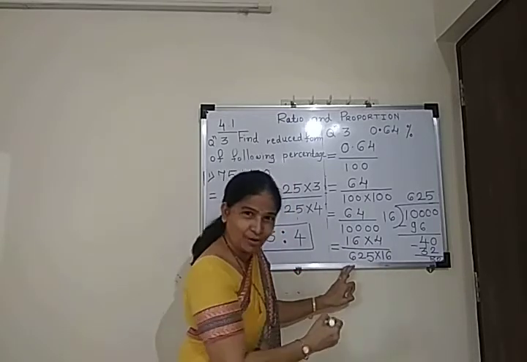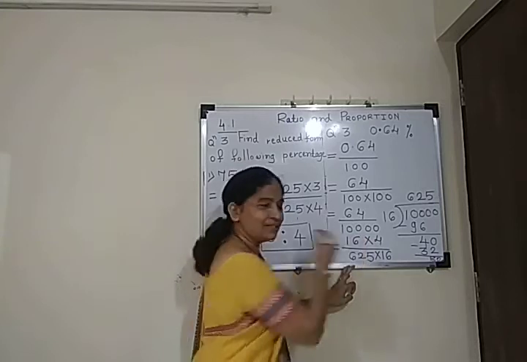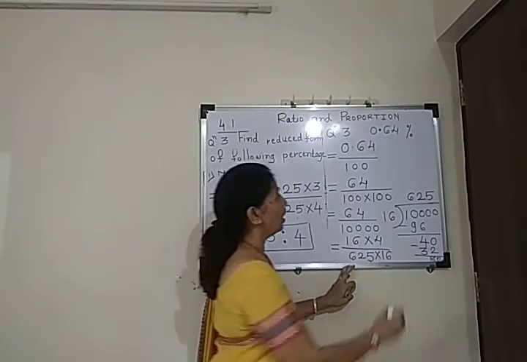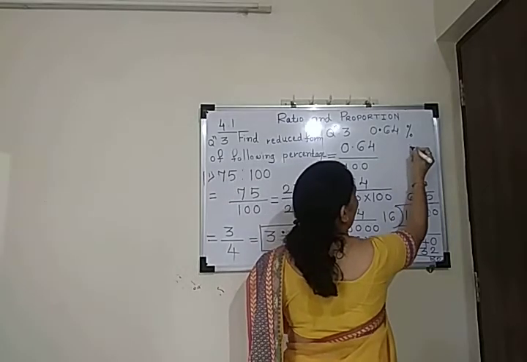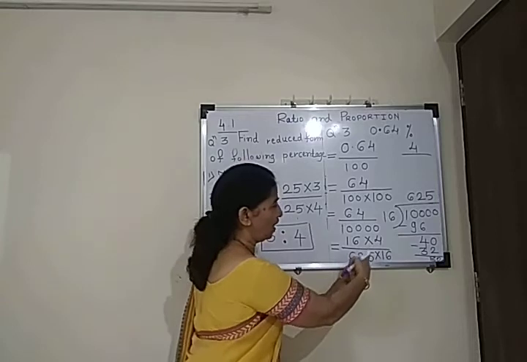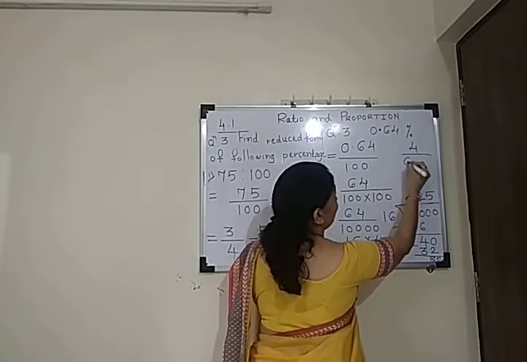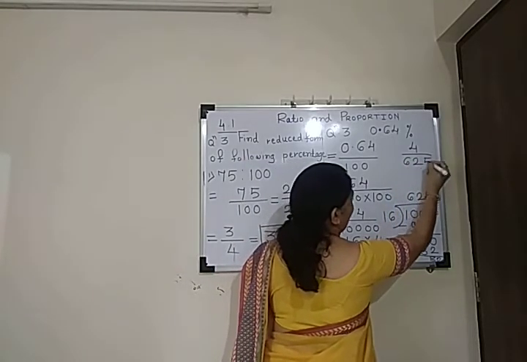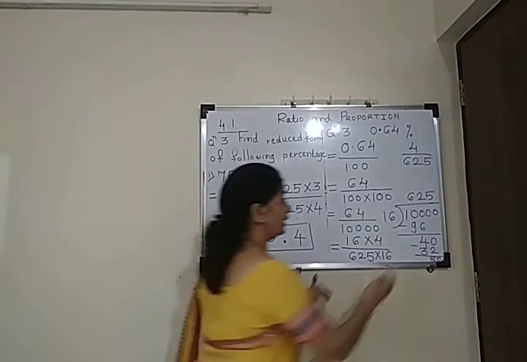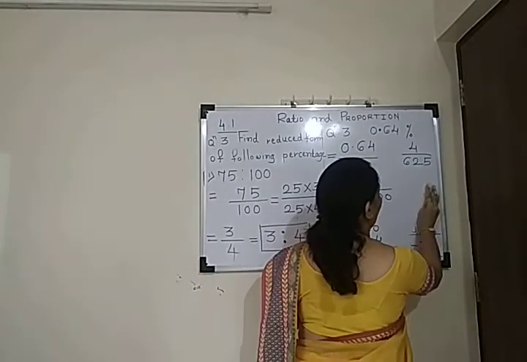Now see here, we can divide, no? 16 1s are 16, 16 1s are 16. So what's coming here? There is coming 4 upon 625. And so we can write it in the ratio form.